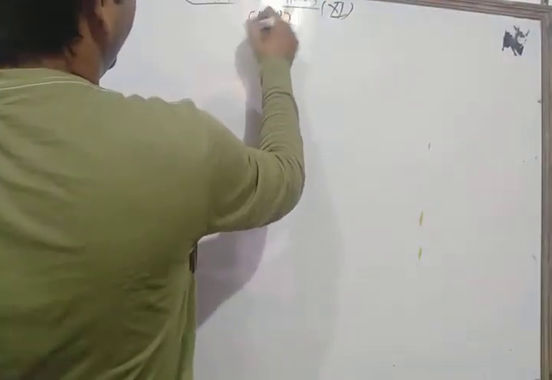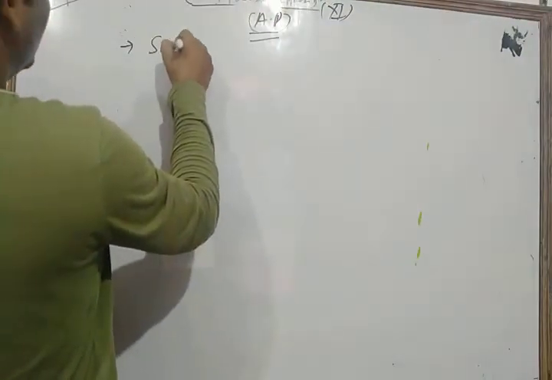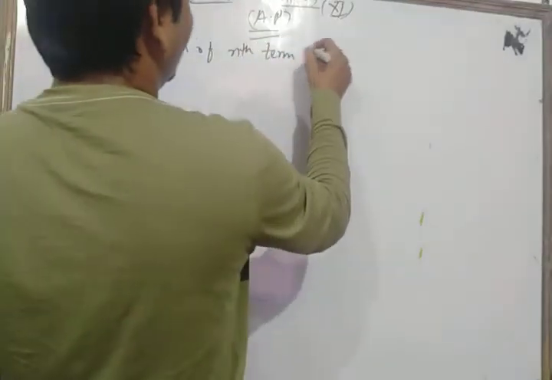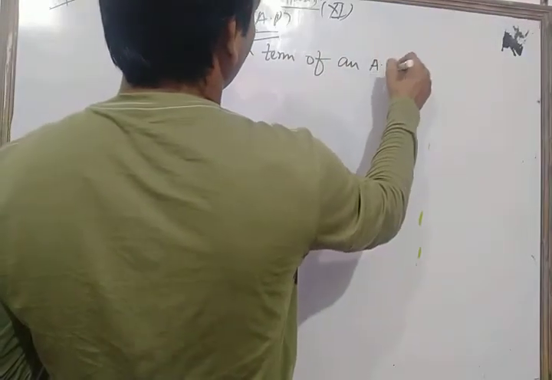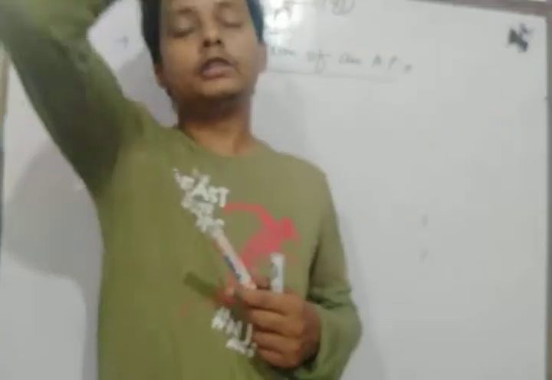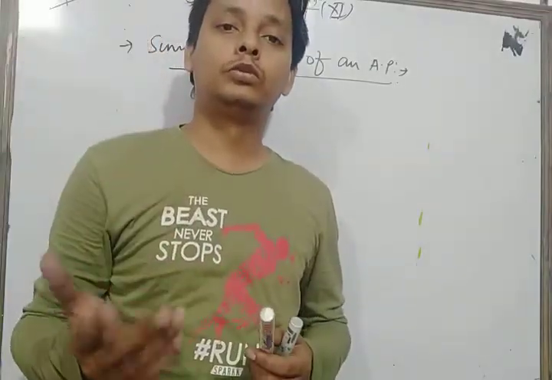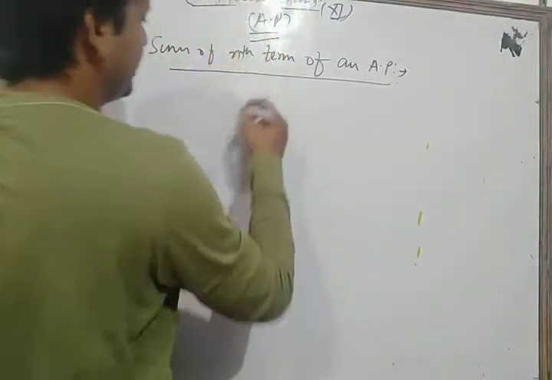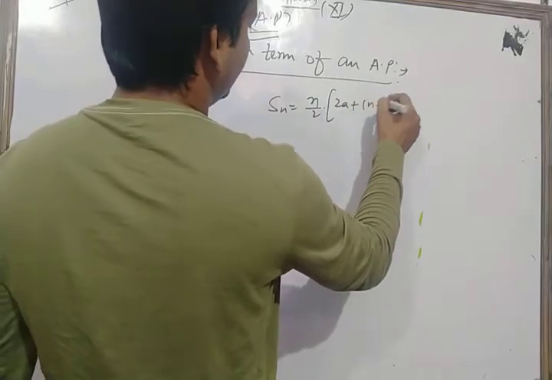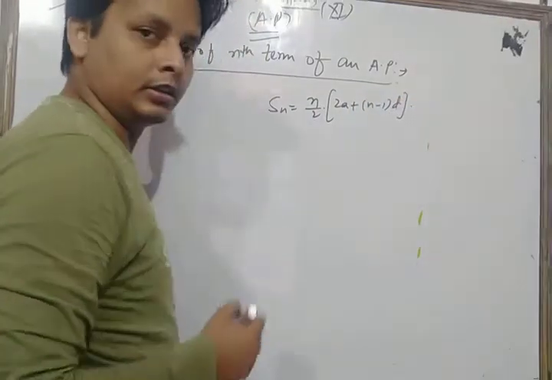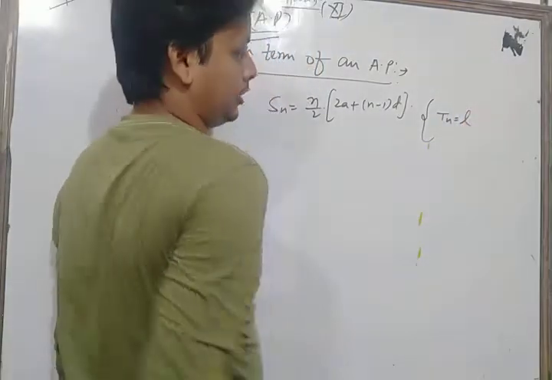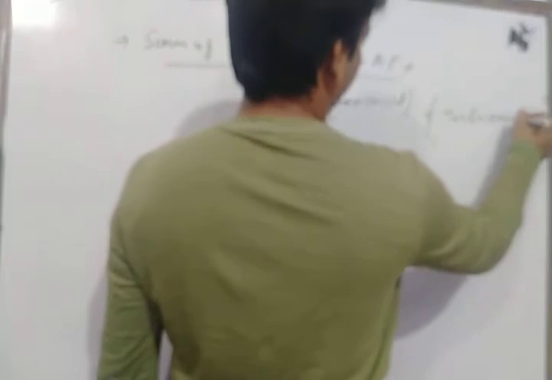Dear student, the formula to find the sum of the n terms of an AP is given by Sn is equal to n by 2 in bracket 2a plus n minus 1 into d. You know that the nth term of an AP is also known as its last term, and it is also equal to a plus n minus 1 into d.